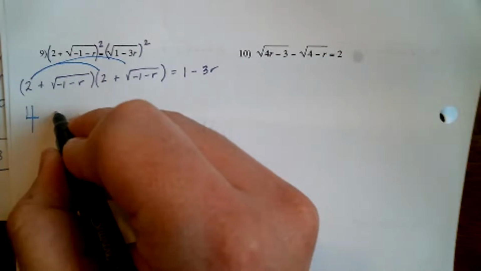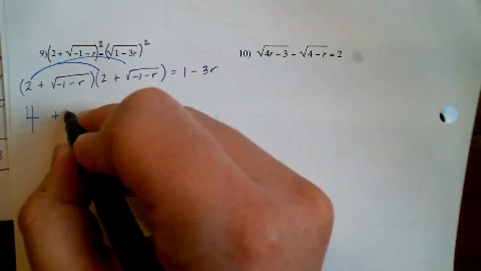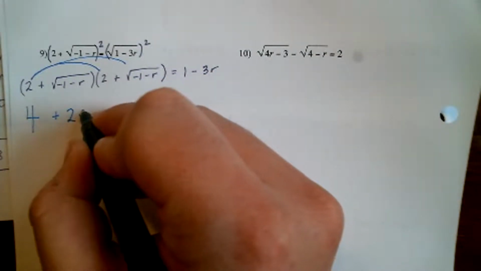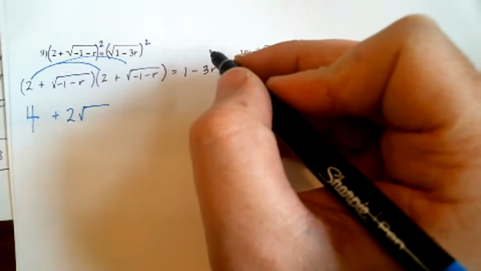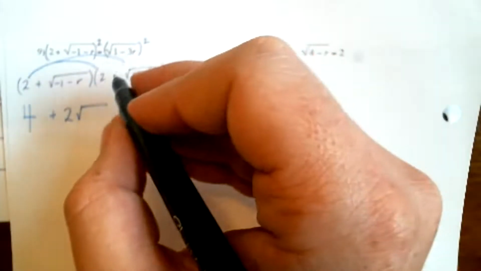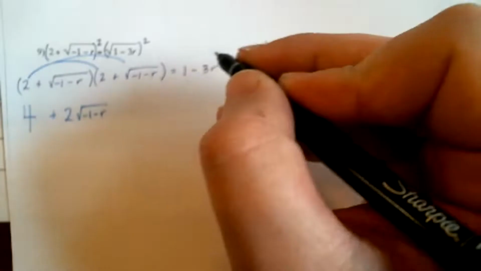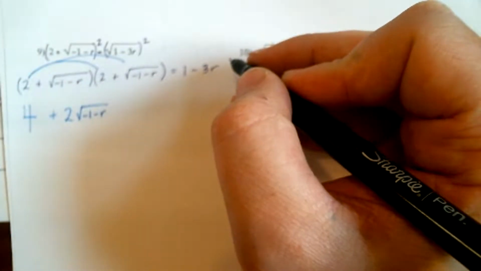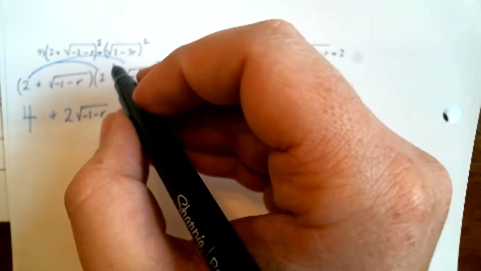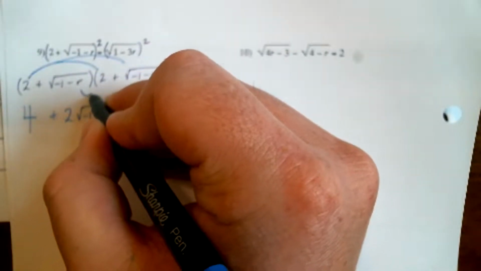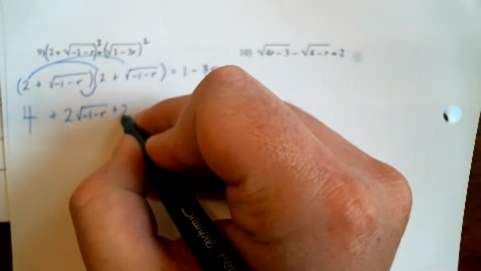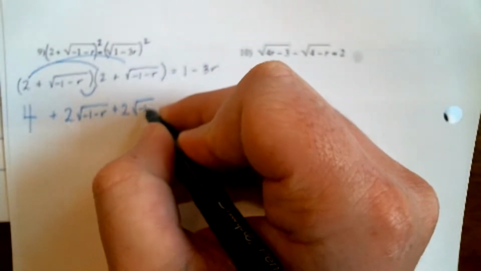That would be plus 2 radical. That's correct, Maddie. -1 minus r. You go inside. That's plus 2 radical -1 minus r.